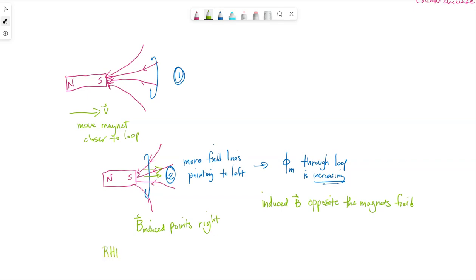Right-hand rule: point thumb to the right because that's the direction of B induced.